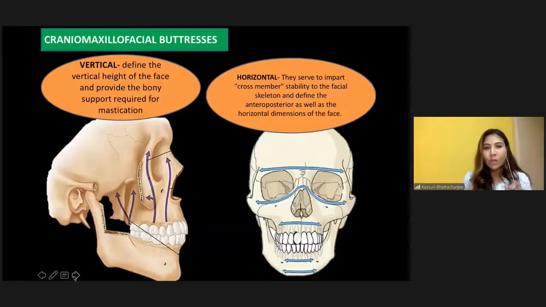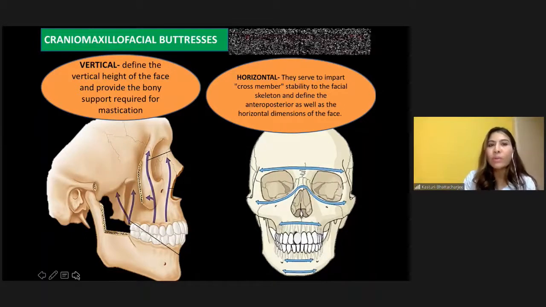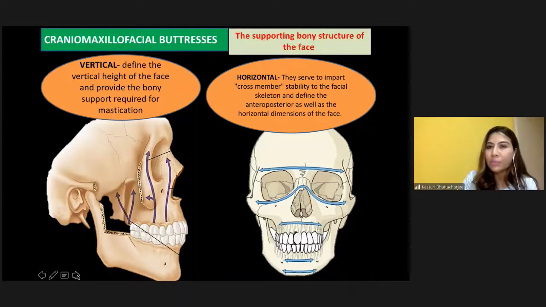So when we talk about fractures, now we know the anatomy, but what are the other important structures we should know about the face when we think of fracture reconstruction? We should know about the craniomaxillary buttresses because these are the main supporting structures of the face, and the most important are the vertical buttresses because they define the vertical height of the face and provide the bony support which is required for mastication.